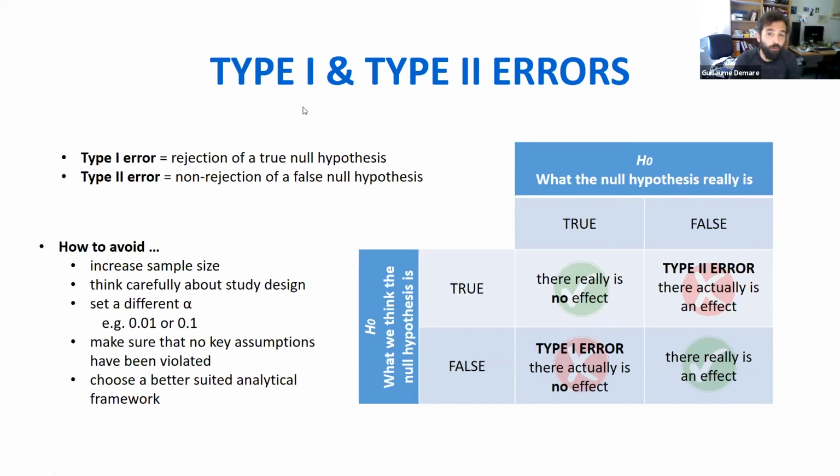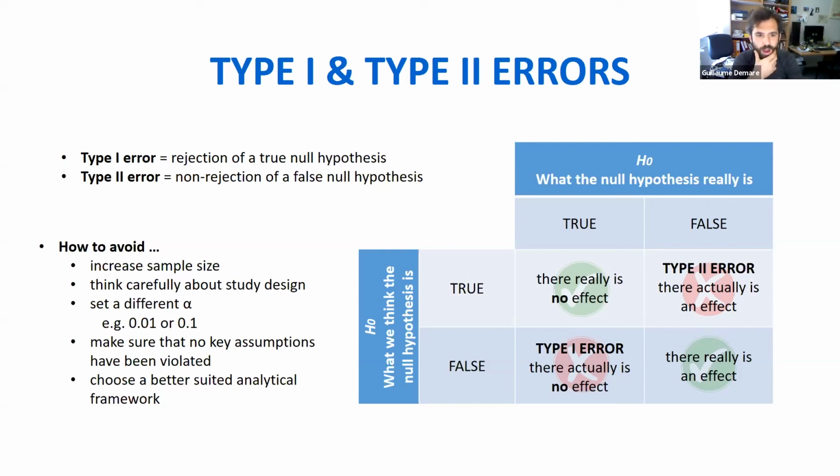So how can we avoid these errors? There are ways to set the scene and make sure that our tests are correct and that we are drawing the right conclusions. First of all, we could have a large sample size. If we have a low sample size, it will be harder to detect differences.